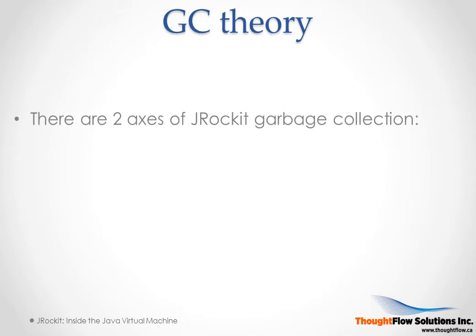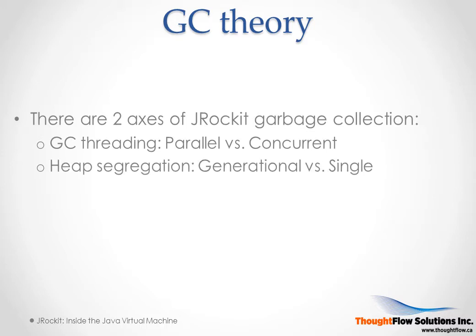So there are 2 axes of JRockit garbage collection. These are garbage collection threading, so this relates to either parallel or concurrent. When we say parallel, we mean that the cores of a CPU are parallelized to speed up the garbage collection process, versus the concept of concurrent, where garbage collection runs concurrently with your own application to minimize pause times.